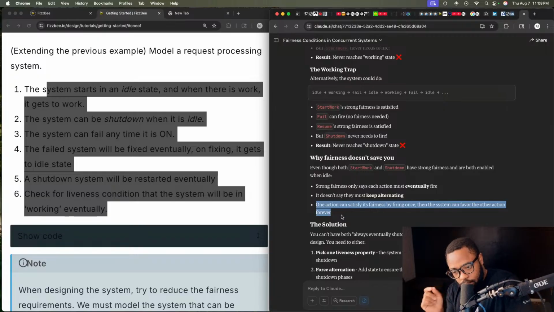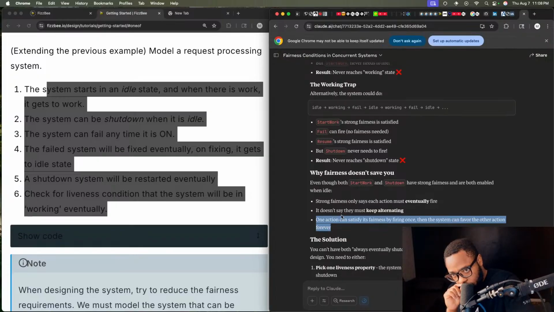Like the fairness is, you can have multiple fairness for the same state predicate. Well, I guess for the same state, but only one of them will be picked.